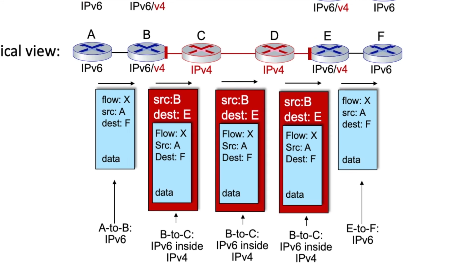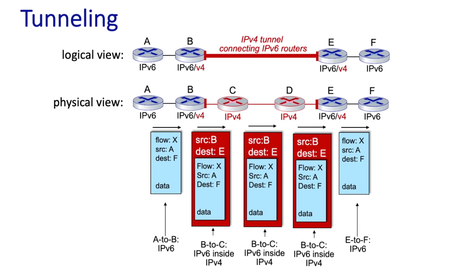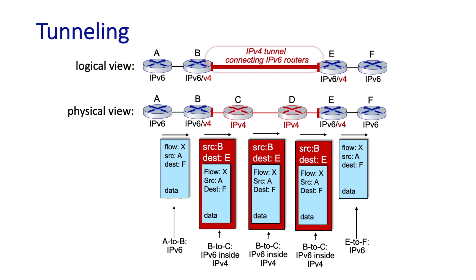So in this example, we've seen that IPv4 is really sort of considered almost as a link layer technology that directly connects to IPv6 routers. The path through the IPv4 network can be thought of abstractly as a tunnel that directly connects the two IPv6 routers.